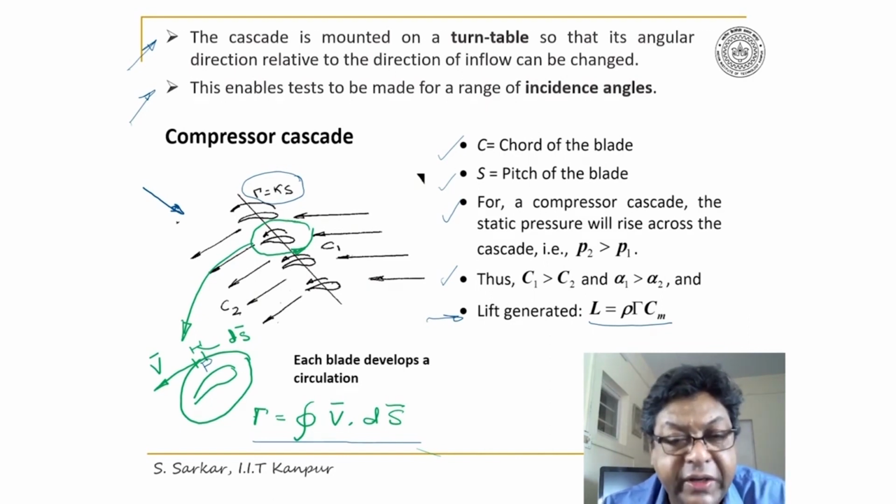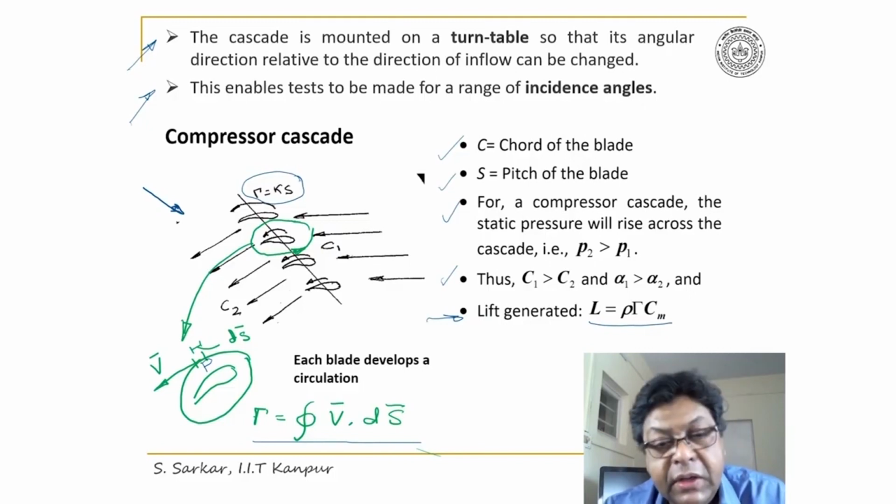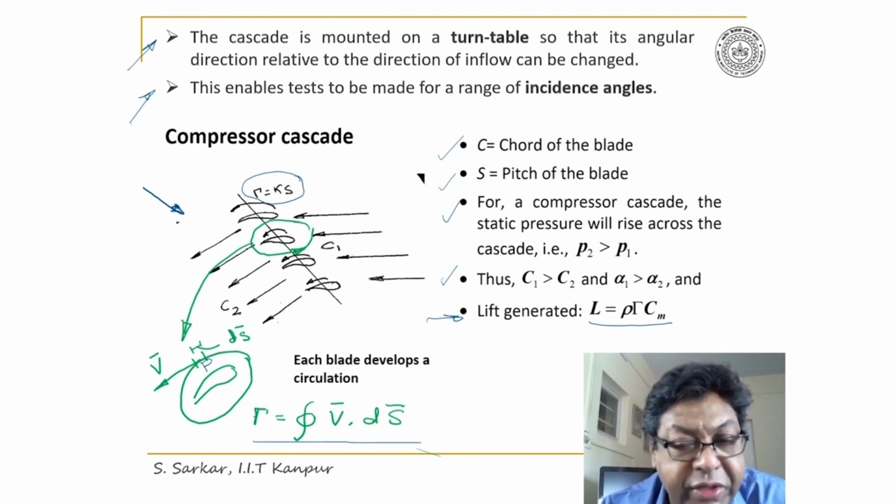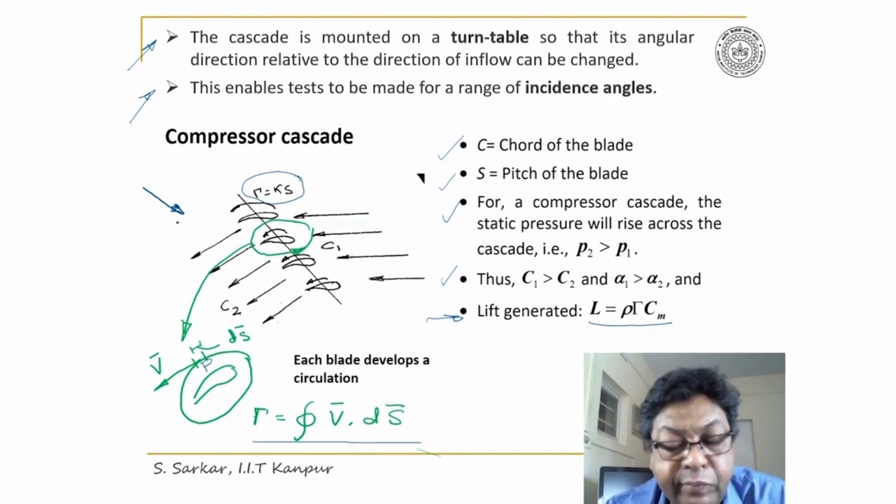Because of this deflection of the flow, there will be a circulation gamma. Now, how this circulation is generated, I have explained by taking a circuit around a blade, which has been indicated by a grid line. And I have zoomed that picture.